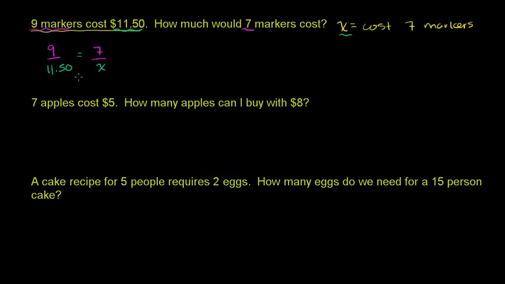So this is a completely valid proportion here. The ratio of 9 markers to the cost of 9 markers is equal to 7 markers to the cost of 7 markers. And then you could solve this to figure out how much those 7 markers would cost.